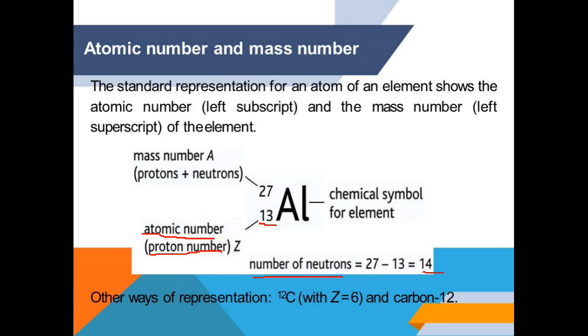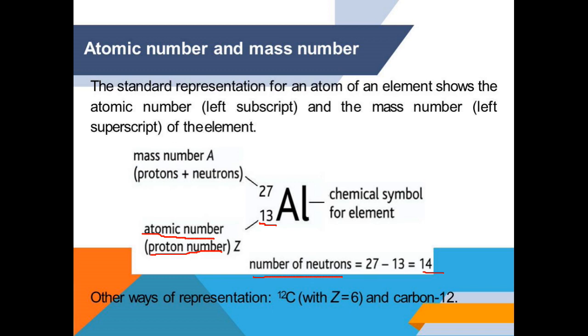And guys, you will always notice the symbol comes with two numbers. One, the bigger number, is written on the top of the element, and another, a smaller number, is written at the bottom. The bigger number is known as the mass number. Sometimes they call it atomic mass, which consists of the proton and neutron numbers.